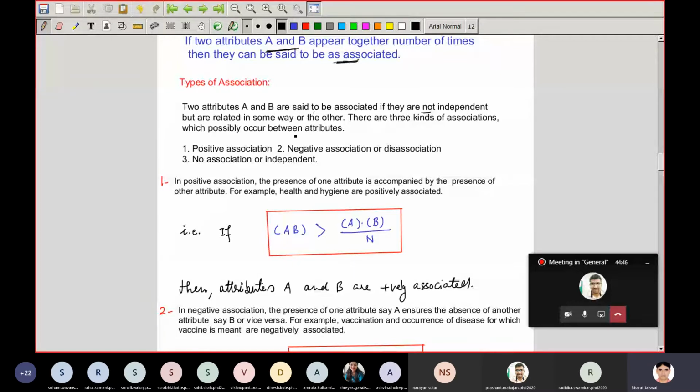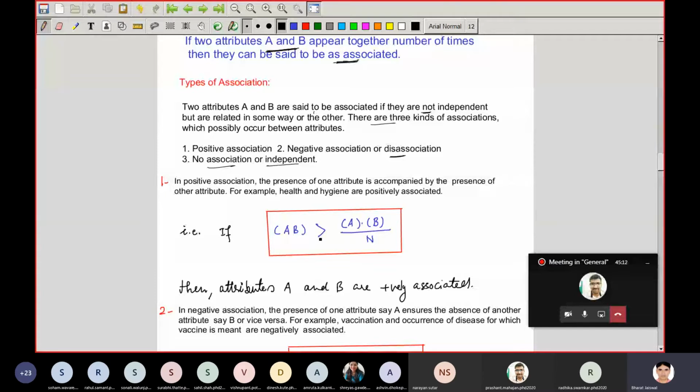The 3 types are positive association, negative association or disassociation, and no association or independence. The question is how we measure positiveness, negativeness, or independence.